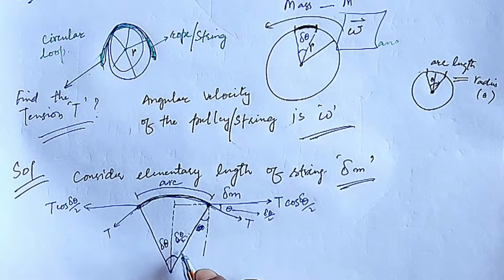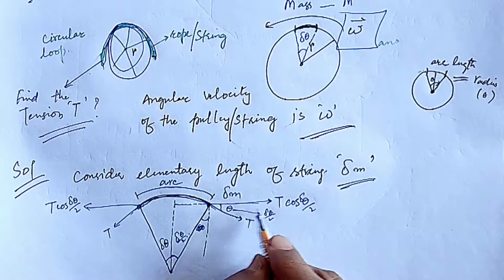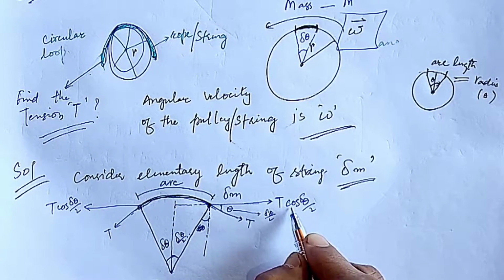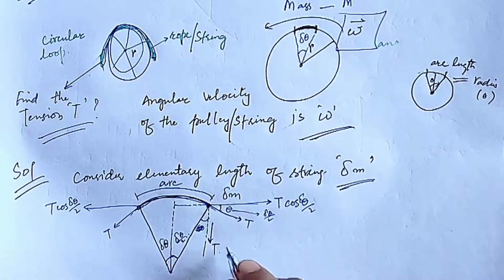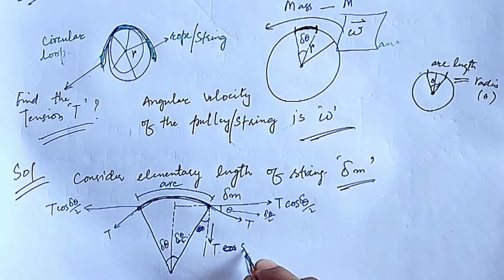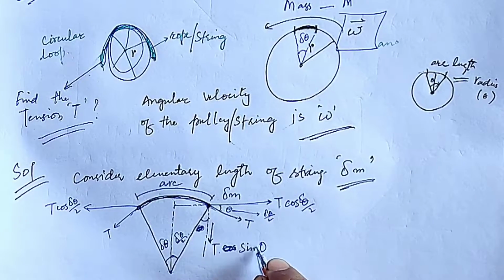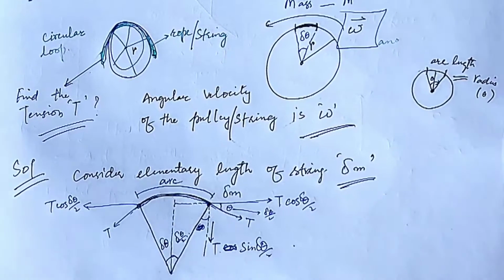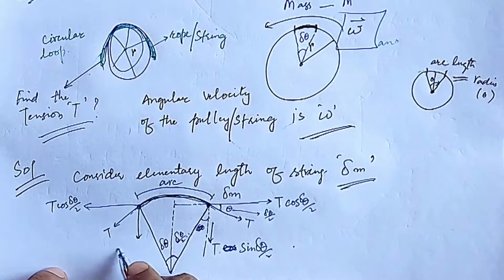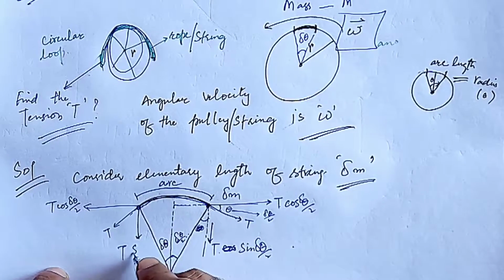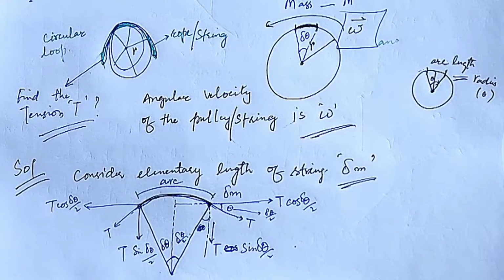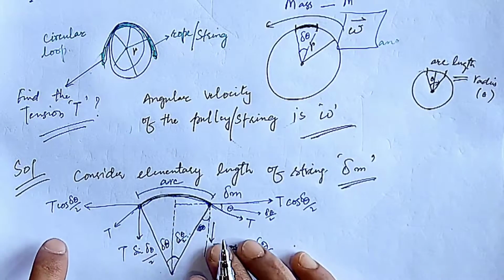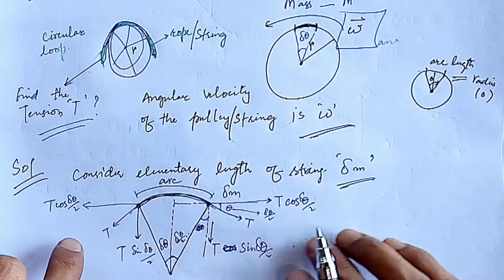So this will be the cosine component of the tension, and along downwards it will be T sine of theta, and that is delta theta by 2. Similarly here it will be T sine of delta theta by 2. Fine, so this will be the diagram of this very problem.